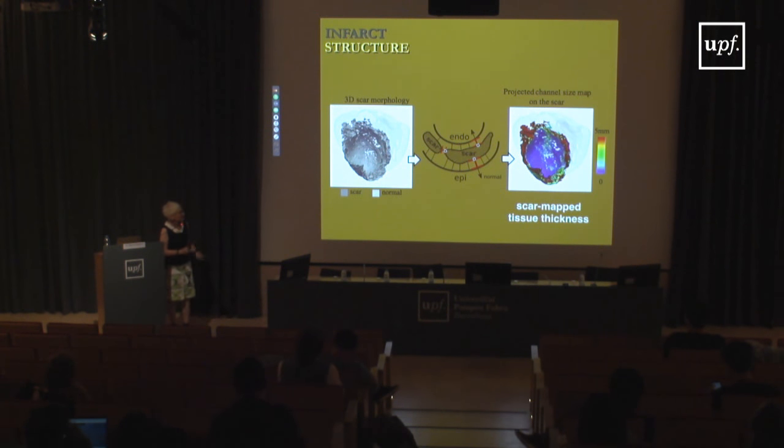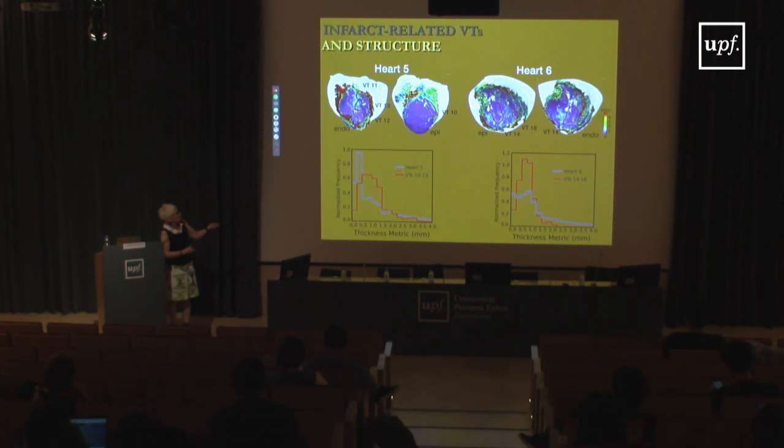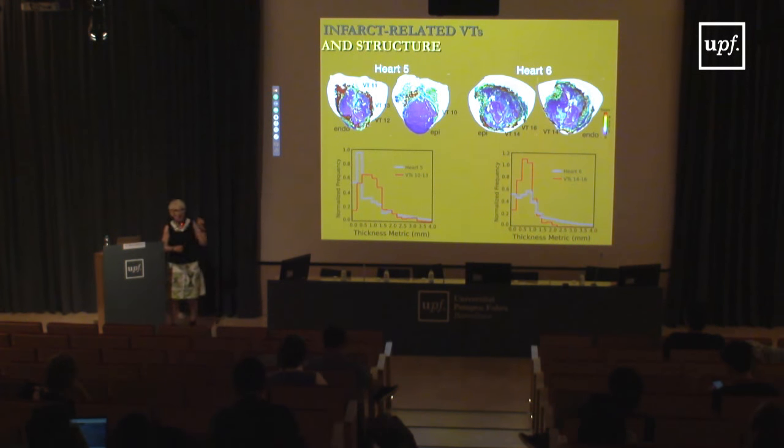Then we followed the arrhythmia, took the smallest, the tightest reentrant pathway, and created a one-dimensional loop within the 3-dimensional surface of the heart. So it's a 3-dimensional loop that describes the pathway.